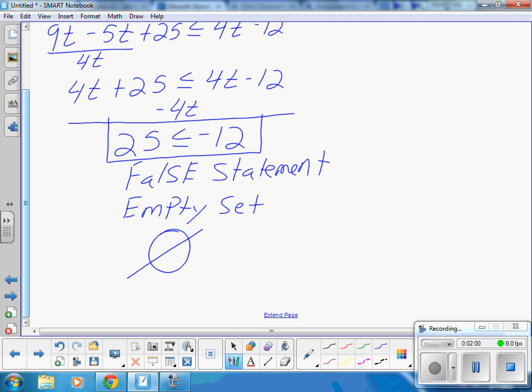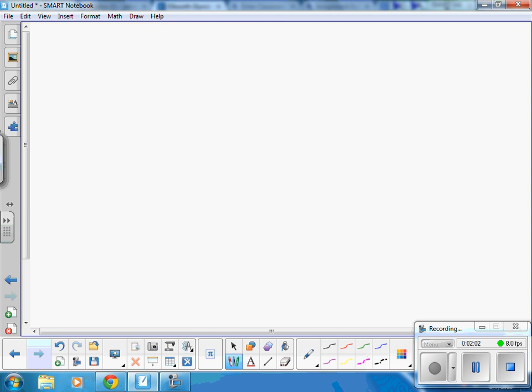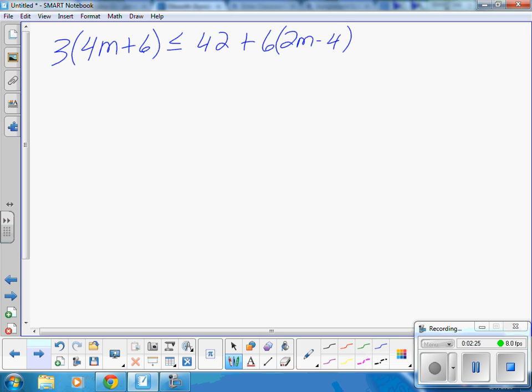Now, in the next case, we have 3 times the quantity 4m plus 6 is less than or equal to 42 plus 6 times the quantity 2m minus 4.